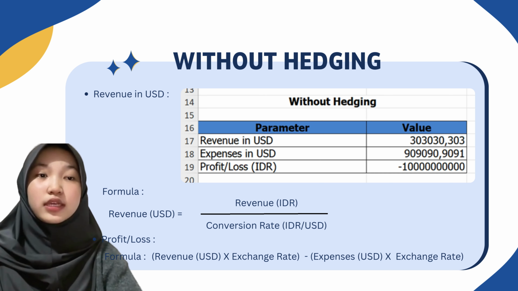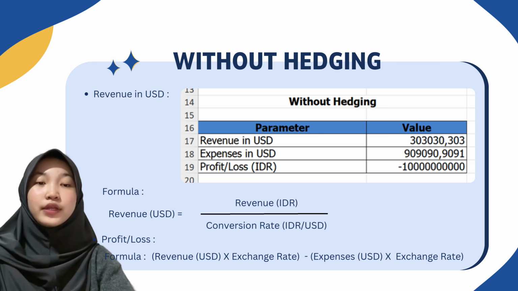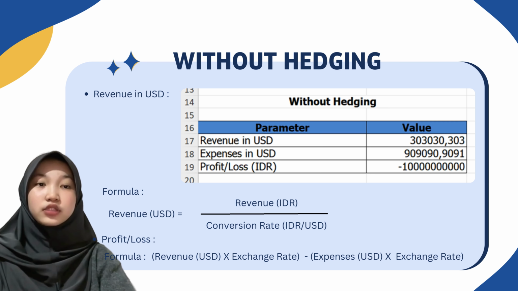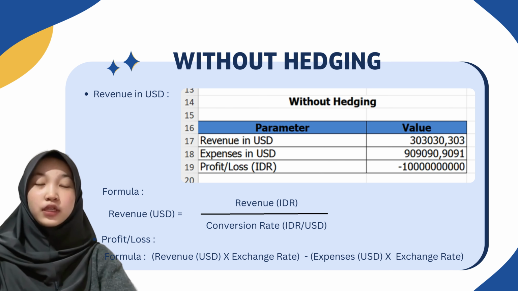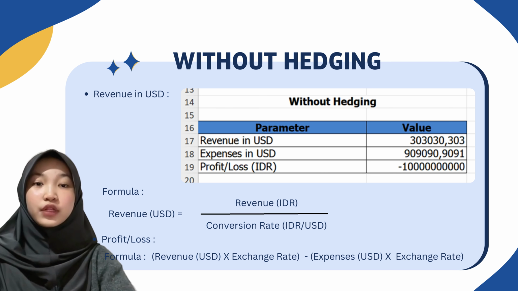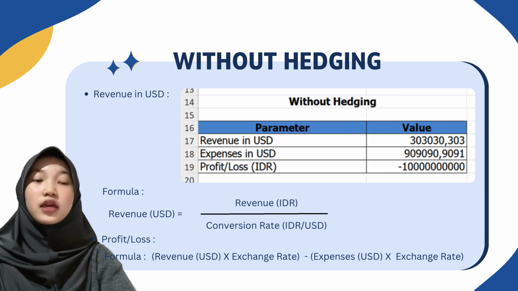The next slide is without hedging, where revenue is about 303,030 in USD obtained from the formula revenue IDR divided by the exchange rate IDR per USD, and profit loss of about minus 10 billion obtained from the formula revenue USD times exchange rate minus expenses USD times exchange rate.